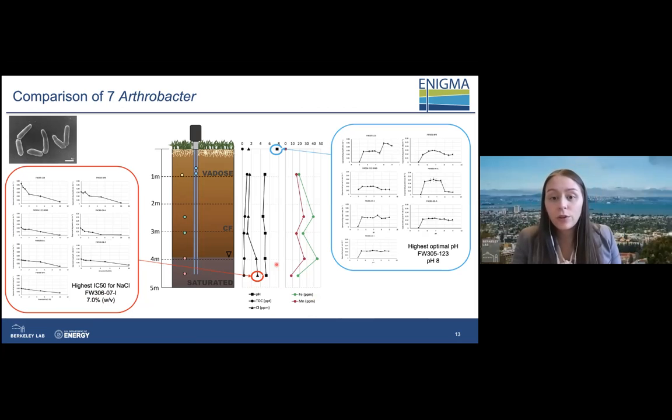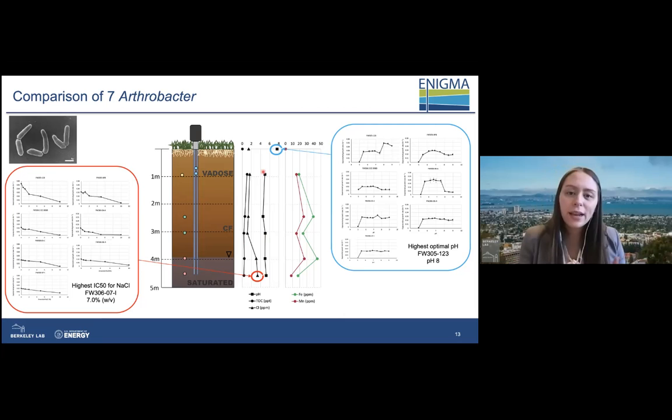Through the entire sediment column, we actually had pretty consistent pHs, even in the saturated zone down here. And I should have mentioned before that the CF in this figure stands for capillary fringe, the variably saturated zone in the terrestrial sediment, and then of course the vadose zone above that.